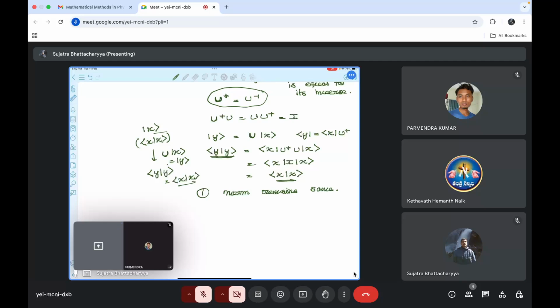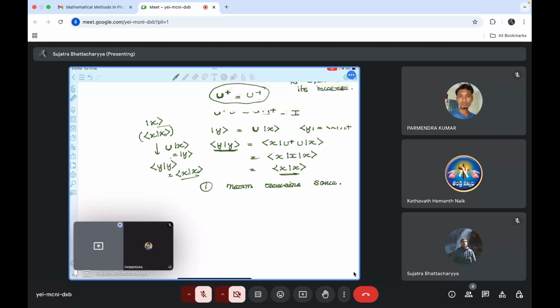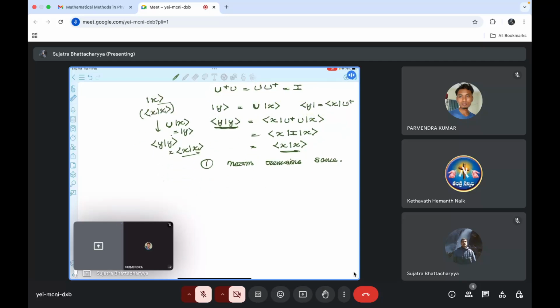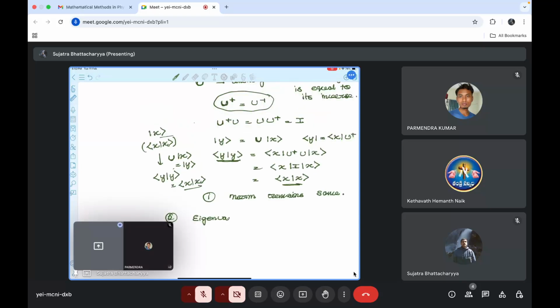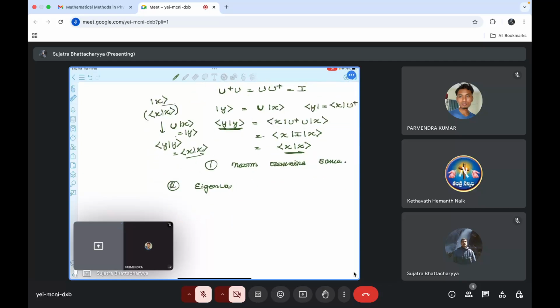Okay, let's go ahead with some other properties. Next are the eigenvalues. This is the primary property, just like we have seen the primary property of the Hermitian matrix, that is H dagger is equal to H. So here let's see about eigenvalues.